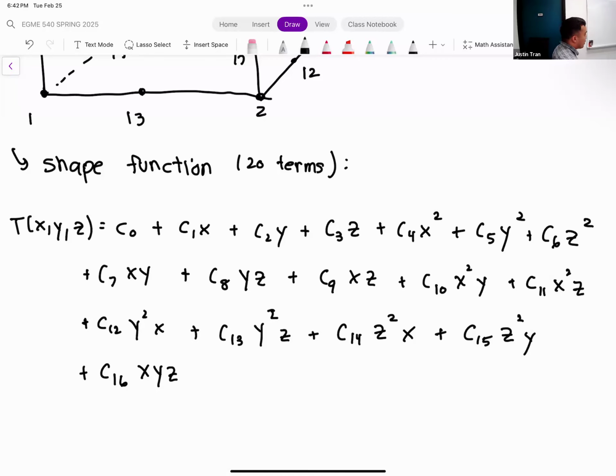That's the pseudo-linear triplet term that involves all three variables. Then we have the pseudo-quadratic triplet terms. So we have C17 x squared yz, C18 x y squared z, C19 xy z squared.